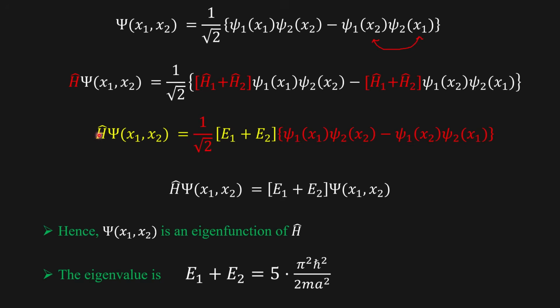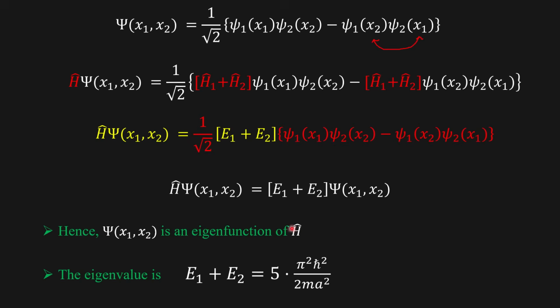So if psi of x1, x2 is a wave function for the Hamiltonian H, then this linear combination is also a wave function of the same Hamiltonian with eigenvalue E1 plus E2. Hence psi of x1, x2 is an eigenfunction of the Hamiltonian.